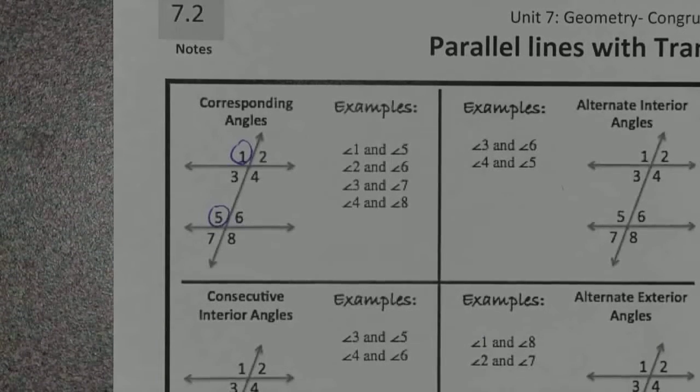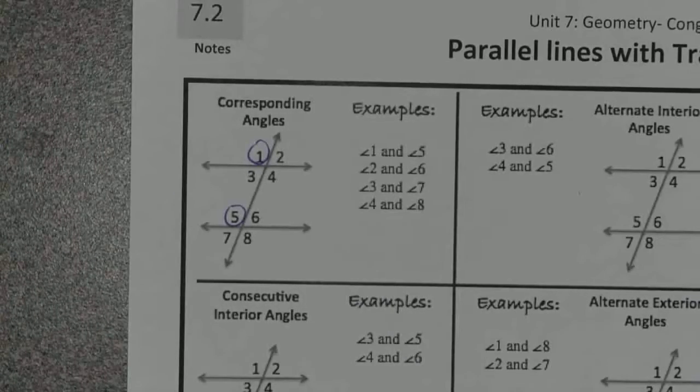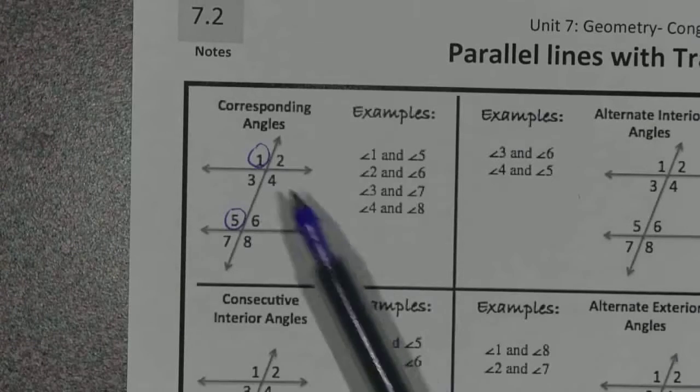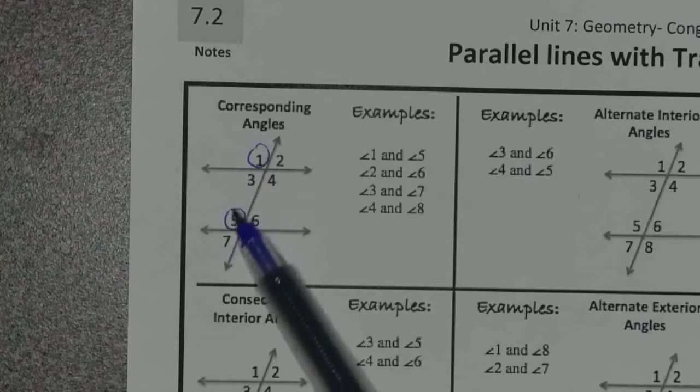Could someone come up with a definition that would tell me how to explain to someone what a corresponding angle is just by looking at those? Two parallel lines with one running through give you two parallel angles or more. Okay, and how would you describe angle 1 and 5 to them?